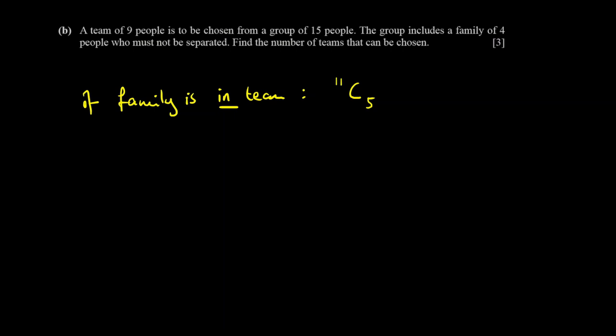Okay? And the second situation to consider is if the family is not in the team. If they're not in the team, then that means we've got to choose 9 people, because the 4 family members are not in that team.